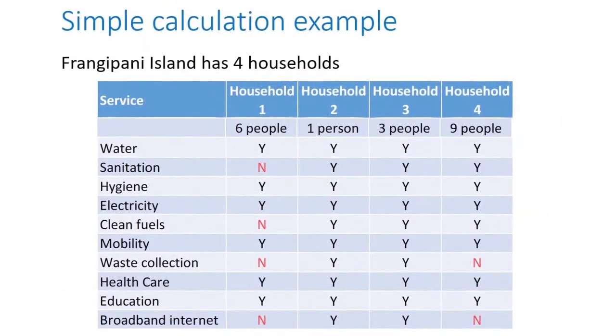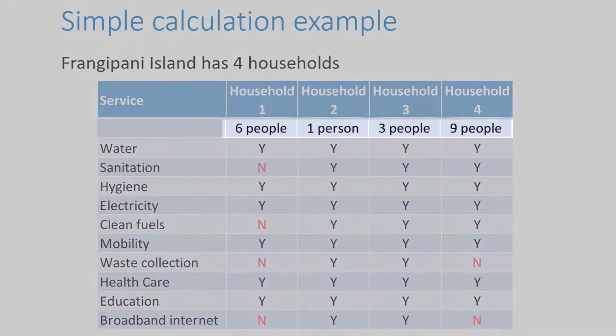Now, assuming we can collect all the data on household access, the actual calculation of the indicator is quite straightforward, as we can see from the following example. Let's look at a make-believe country with 4 households. So essentially all we need is a matrix with our household ID across the top, the number of people living within that household.